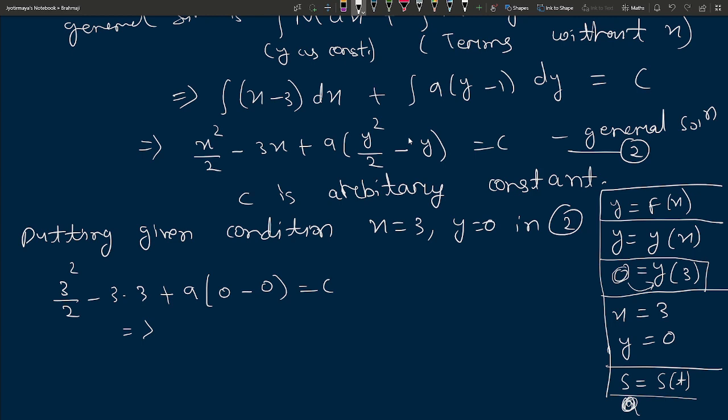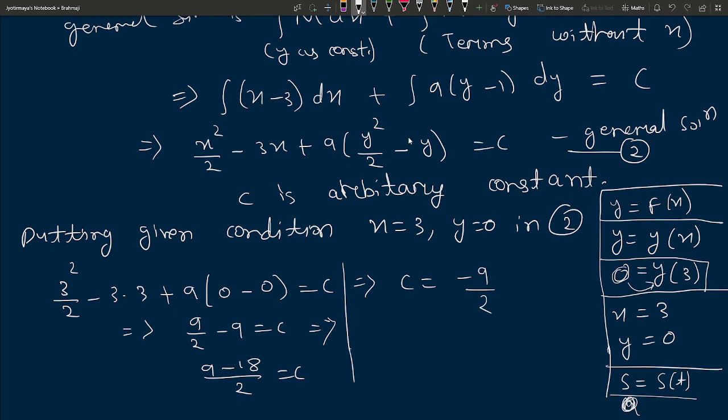This implies 3 into 3 is 9 by 2 minus 9 equal to c. This is 9 minus 18 by 2 equal to c. Implies c is equal to minus 9 by 2.